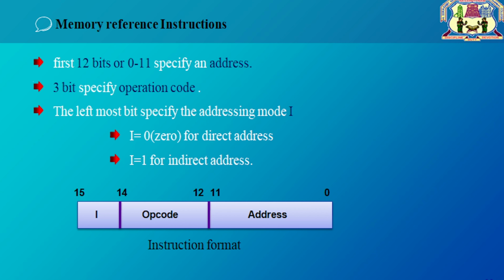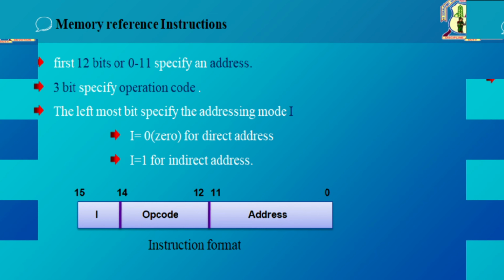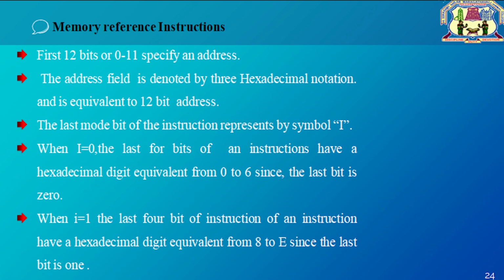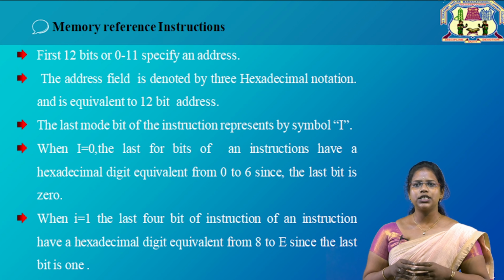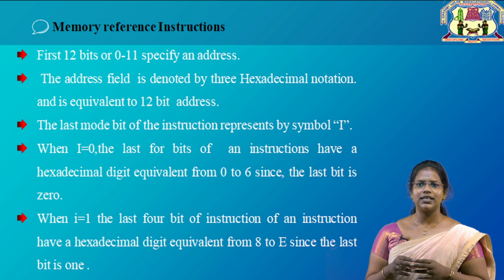In memory reference instructions, the address field is denoted by 3 hexadecimal digits and is equal to 12 bits of address. The last mode bit of the instruction is represented by the symbol I. When I equals 0, the leftmost 4 bits of the instruction have a hexadecimal digit equivalent from 0 to 6, since the leftmost bit is 0.